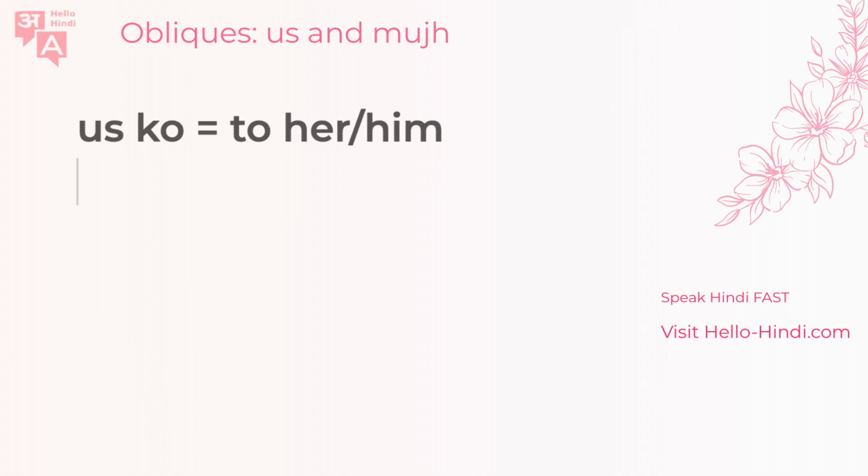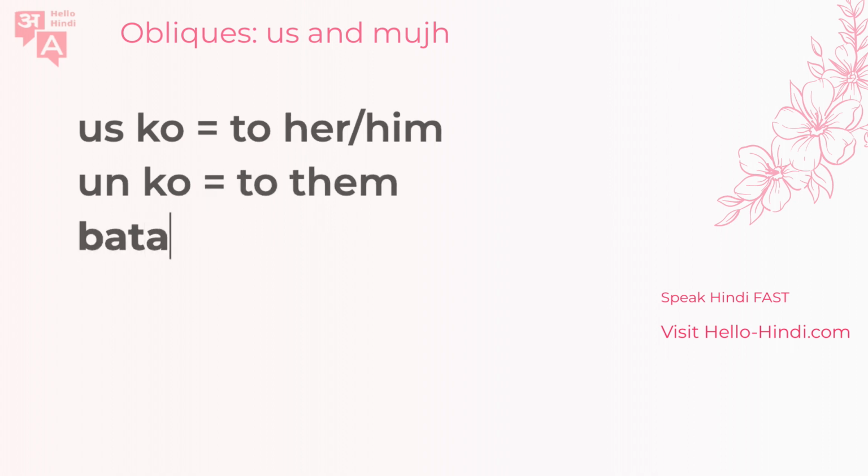Then can you guess how you can say to them? We've done this in the possessives. Remember, we drop the s and we make it n. Unko means to them. So how can you say the sentence? Bata means to tell. How can you say Asha, name of a woman, tells?